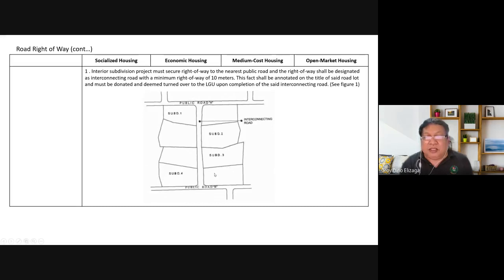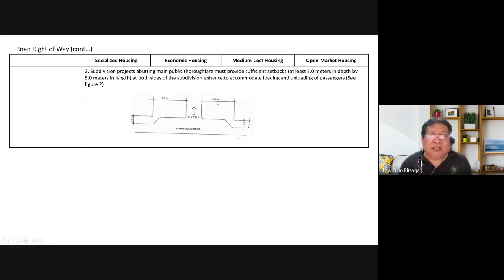But just in case in your planning, I'm also going to present this in my planning, so some of you will hear about this again. They'll be required to donate this road that connects the subdivisions to the government. Once donated, it becomes a public road, and the government will take care of maintaining and developing it.